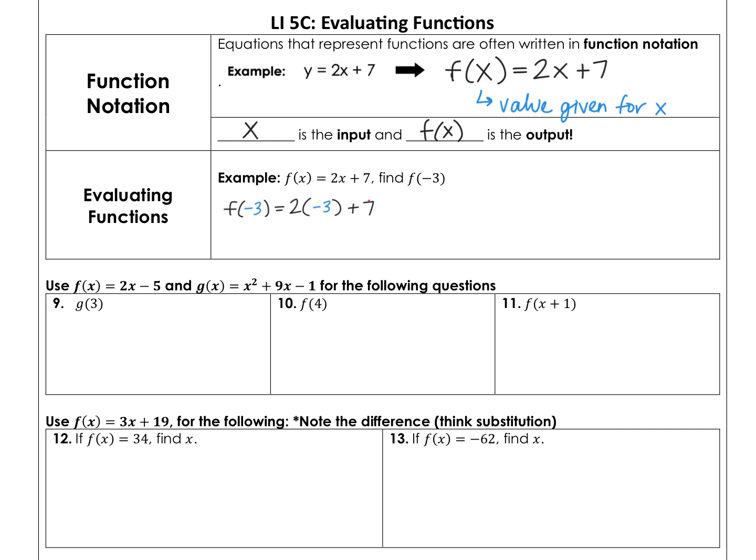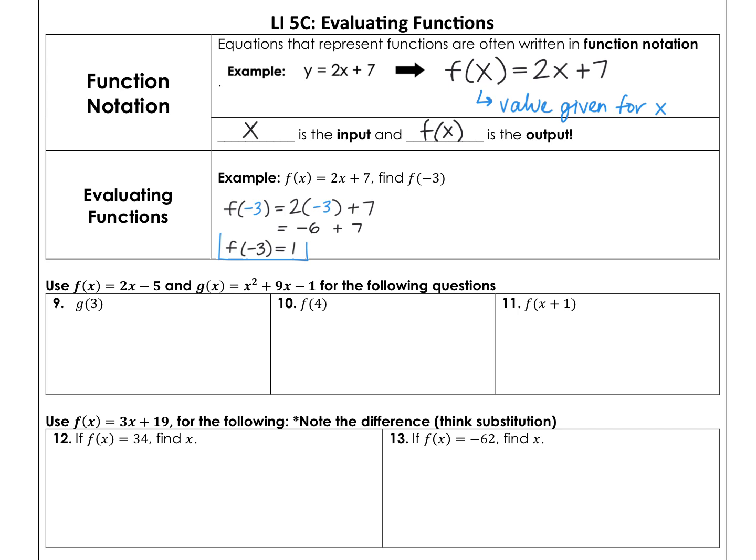We're just going to evaluate this part, so you do 2 times -3. You should not need a calculator for this. That's -6. What do we get? 1. -6 plus 7. So you write your final answer like this: f of -3 is equal to 1.